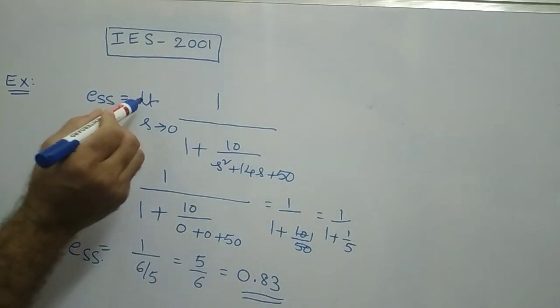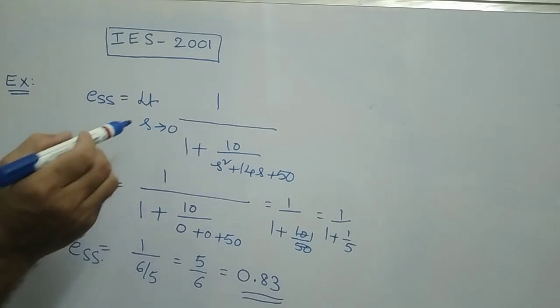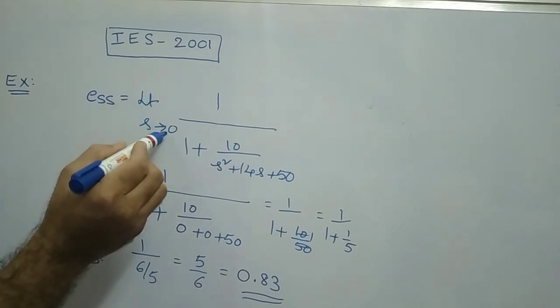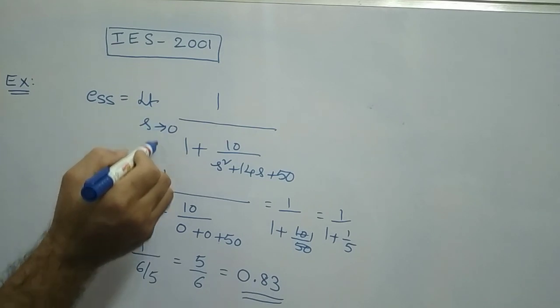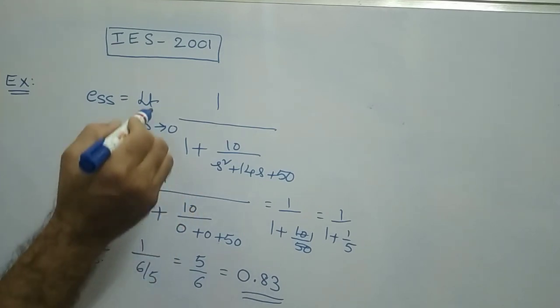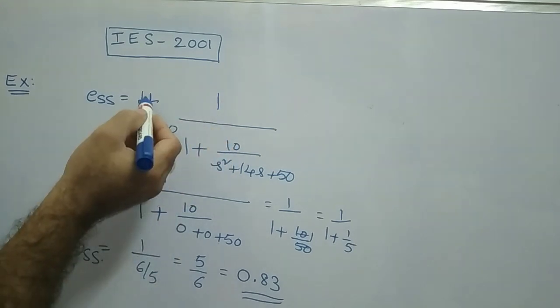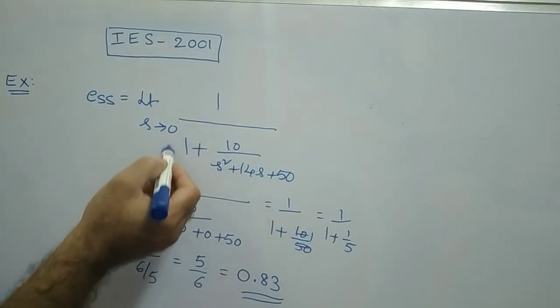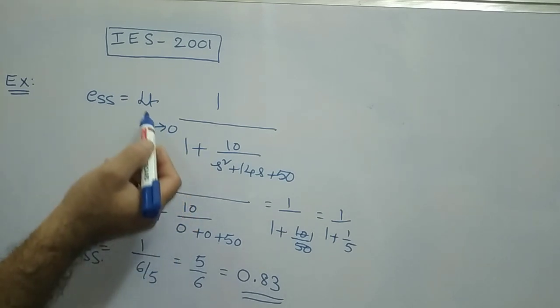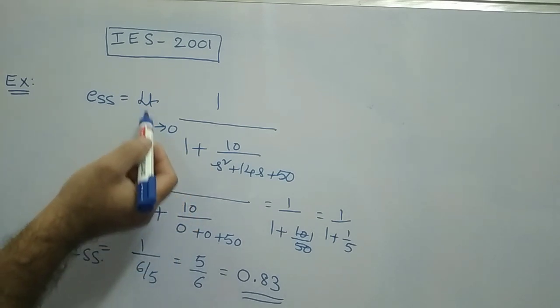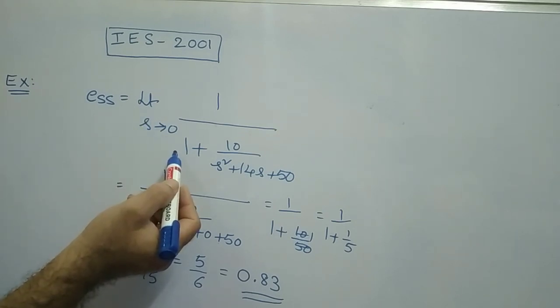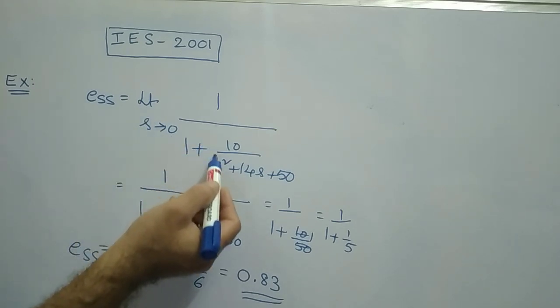Understood? So, how did you apply the limit value? Clear now? Limit s tends to 0 means in the denominator you have to apply that limit, because in the numerator you don't have any s term, you just have 1 only. As you have a constant there, there is no need to apply the limit because it is a constant. Therefore, 1 plus, now apply the limit value here.